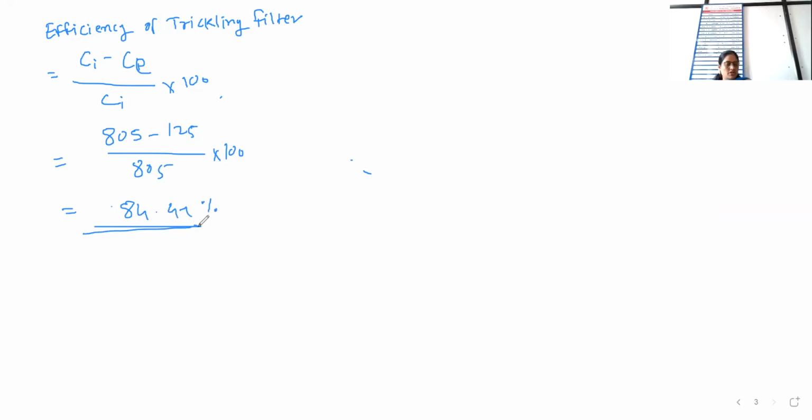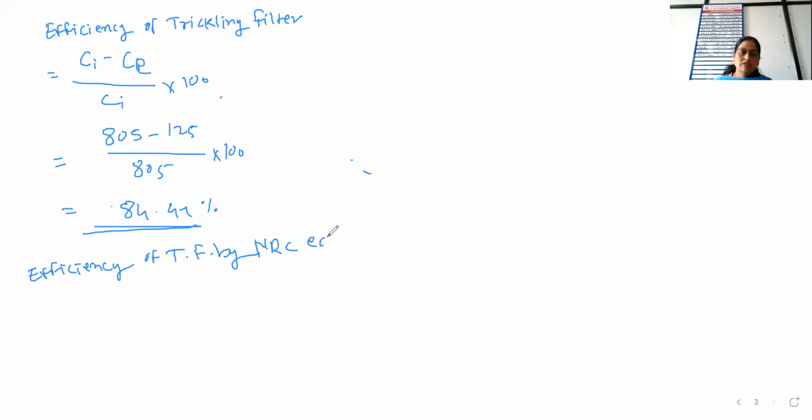So this is the efficiency of the trickling filter. Okay, now, this is the efficiency we have calculated from the applied BOD and remaining BOD. But now we will calculate the efficiency of the trickling filter by using the NRC equation.